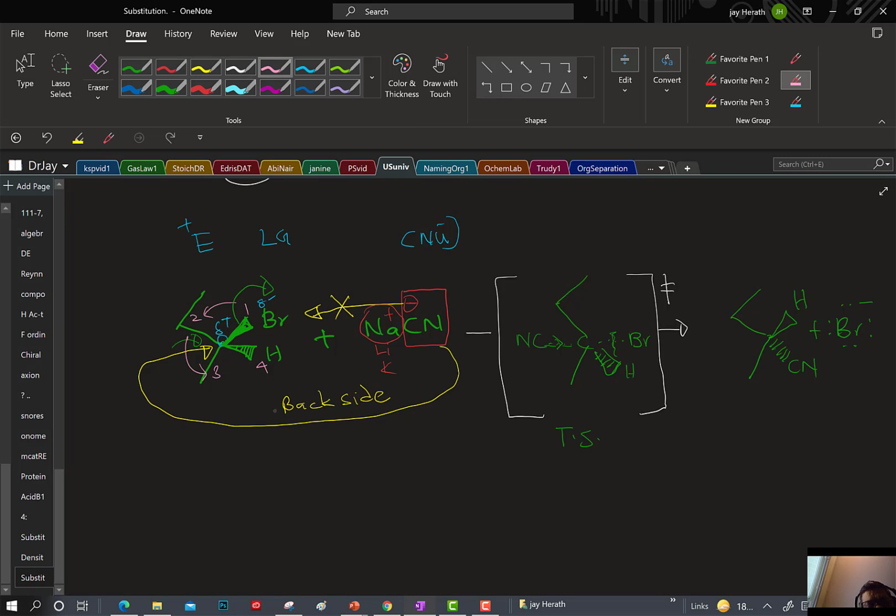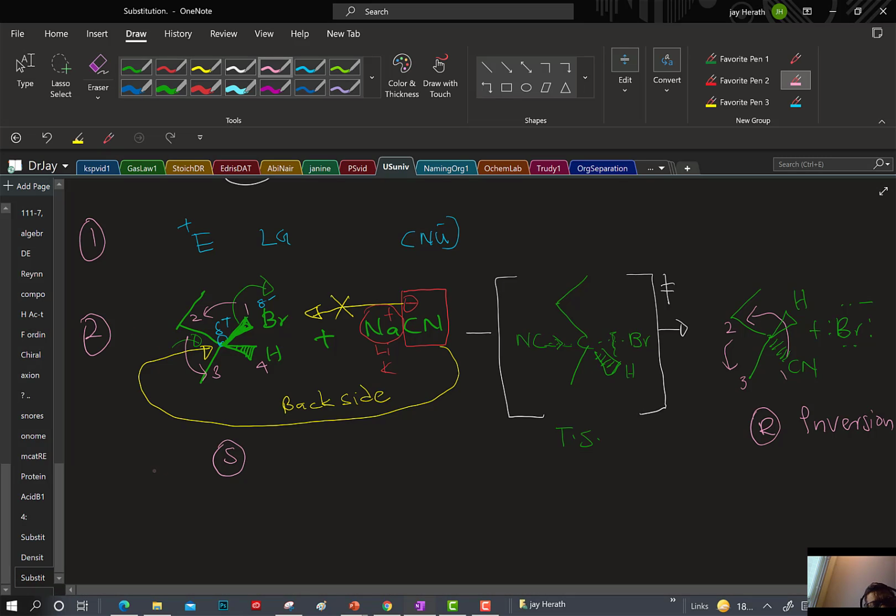So 1 2 3, it is an S configuration, and here you have 1, 2 and 3, right? 1 2 3, and it seems S configuration, but hydrogen in the foreground, so there should be R. So that's the inverted product, or inversion happens. That's an important piece. So I would say the labeling 1, the reaction 2, the stereochemistry 3, right?